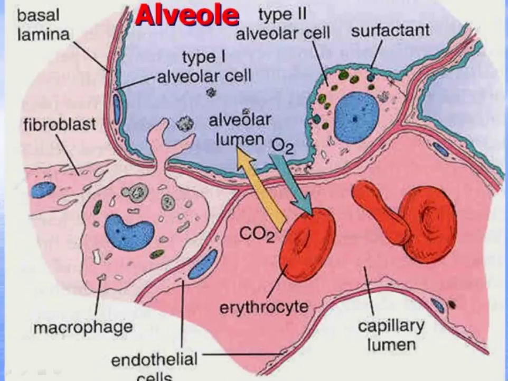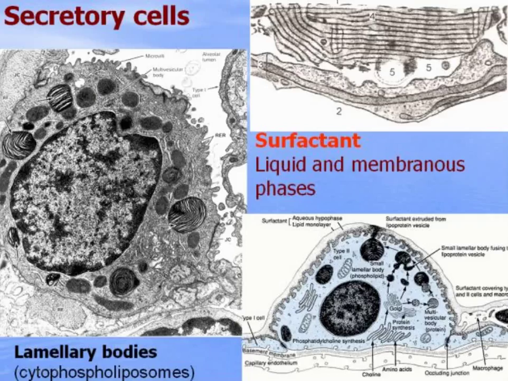This slide demonstrates these secretory cells which produce and secrete surfactant, and this electron microscopic picture demonstrates the structure of surfactant. It consists of liquid and membranous phase.